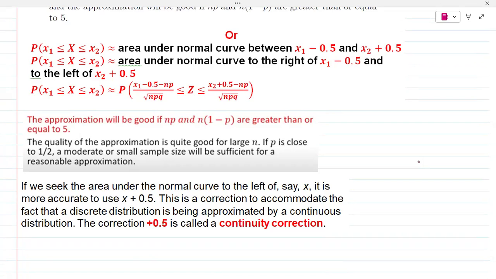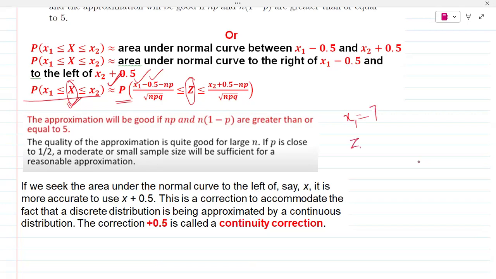Here we are stating the result: if we have to find this probability where x is a binomial variate, then it is approximately equal to this probability for the standard normal variate, and obviously this will be x1 minus 0.5. If you recall the previous example, x1 was 7.